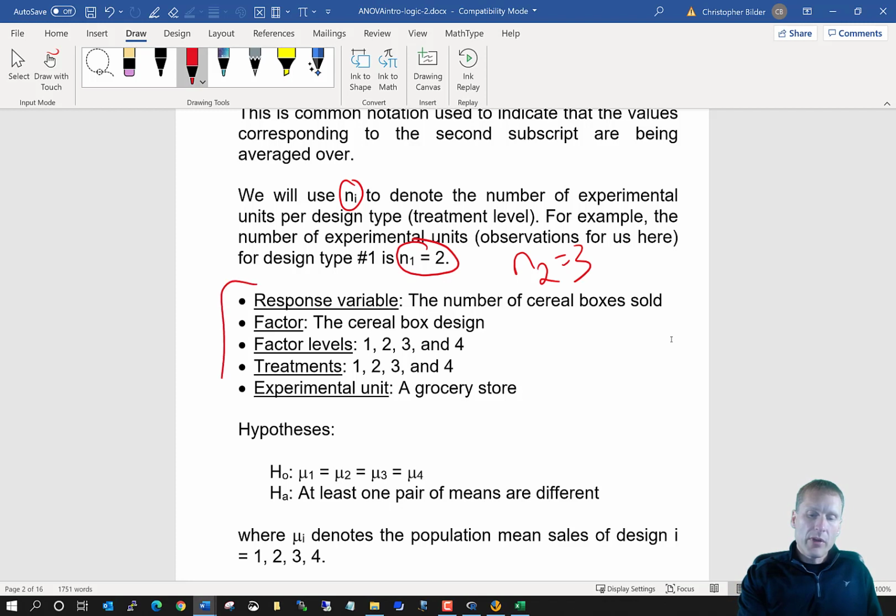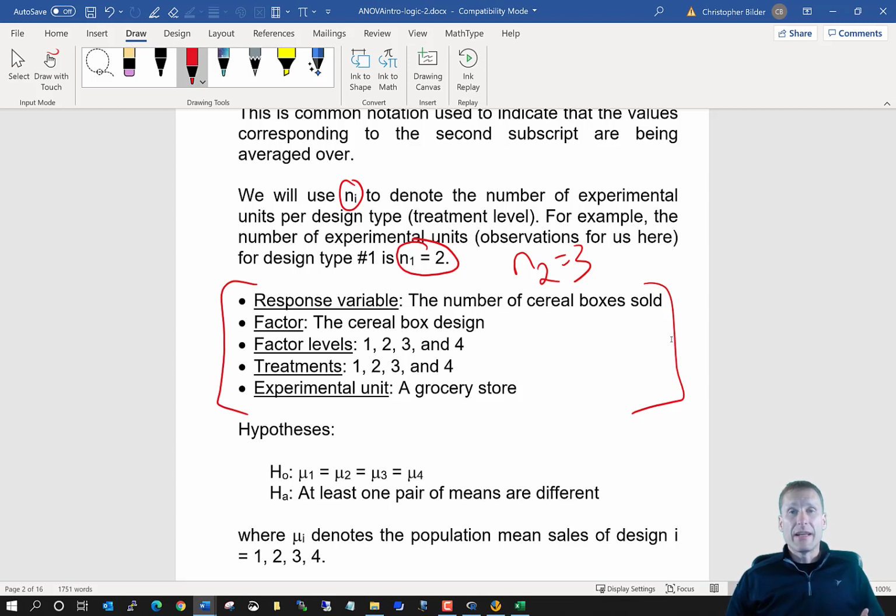So then we can put this all into the context of this terminology that we've been talking about. Our response variable is the number of cereal boxes sold. Our factor is the cereal box design. It has factor levels of 1, 2, 3, and 4. Our treatments are also 1, 2, 3, and 4.